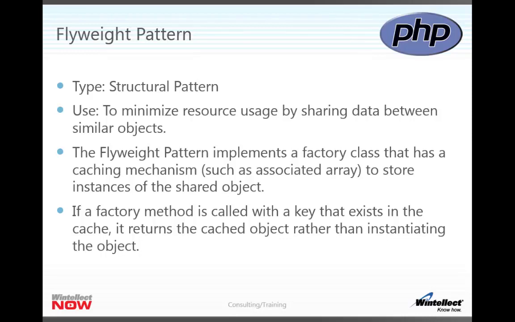an instance of that object rather than instantiating that actual object. One classic example where this is often used is something like a word processor. Instead of creating instances of the bitmaps necessary to create the characters on the screen, they end up caching the characters that you can type in, and then each time that character is accessed, it just goes to the flyweight pattern, to the factory method, to get, say, the E character that has all the instructions needed to draw the E on the screen, and it just stores that in memory.